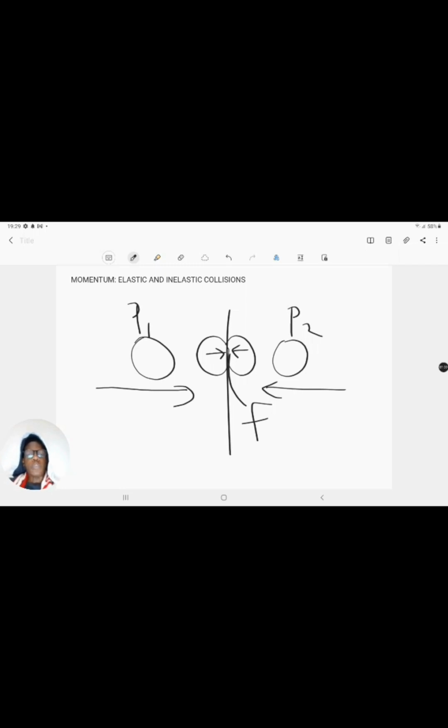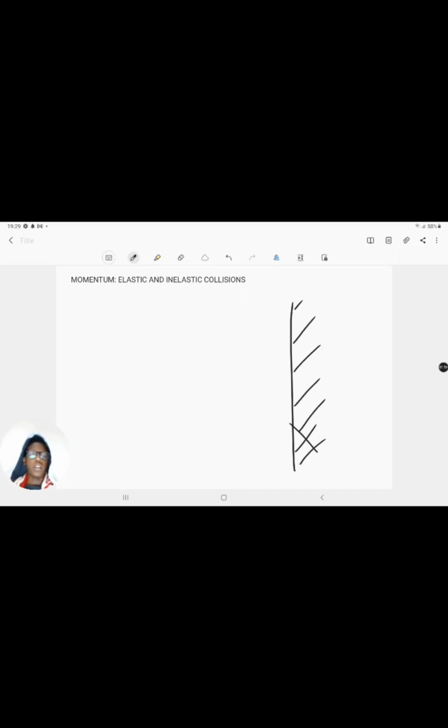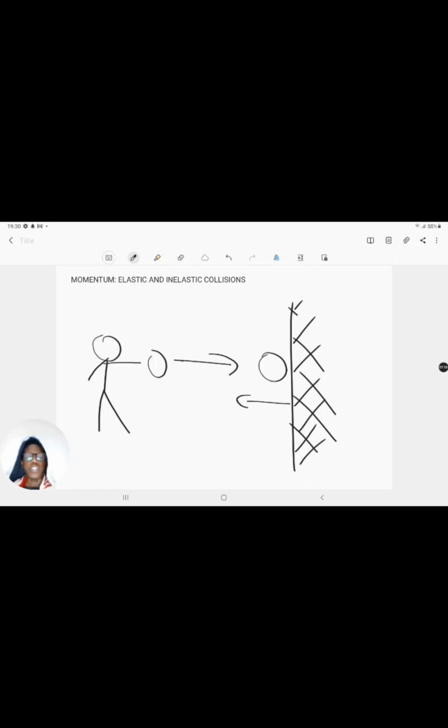It's when two objects impact one another, or when one object strikes another object. For us to have a collision, we don't necessarily have to have both objects moving. Only one of the objects could be moving. So for instance, if you've got a wall and a person standing there, and this person happens to have a tennis ball, they throw that tennis ball towards the wall, and the tennis ball hits the wall and bounces off the wall.